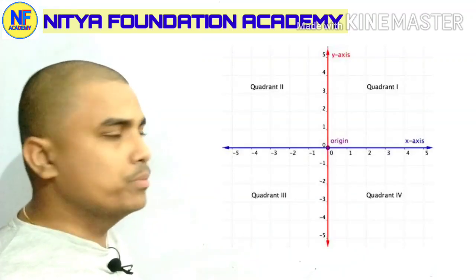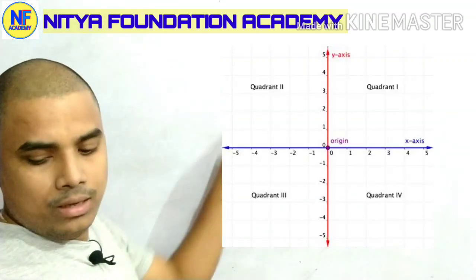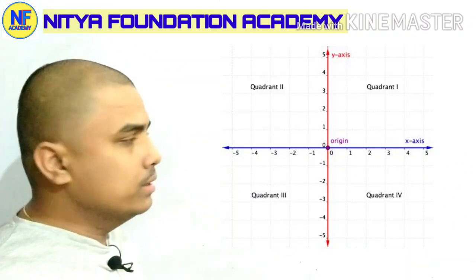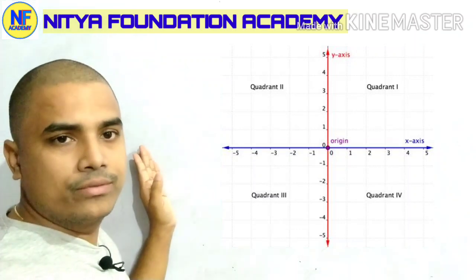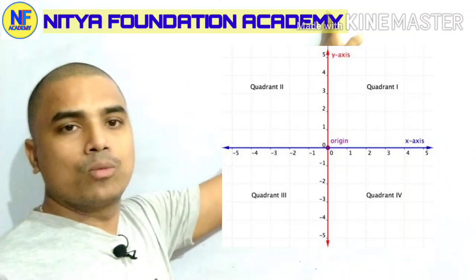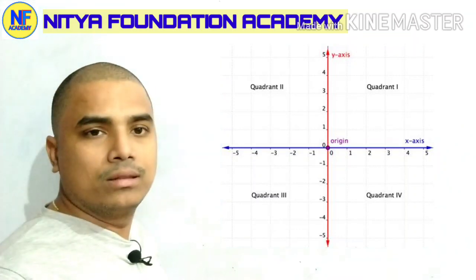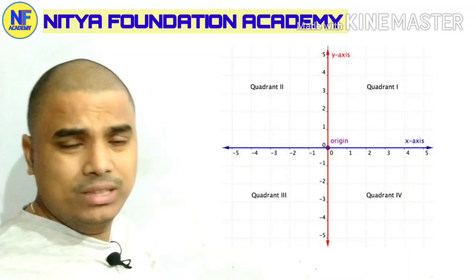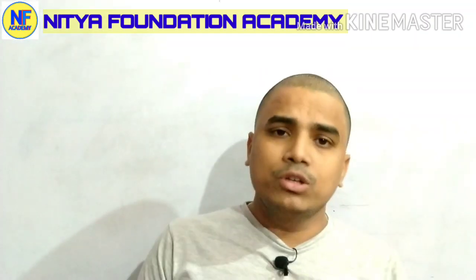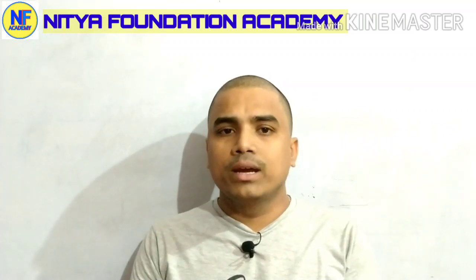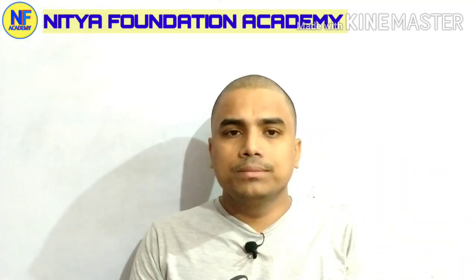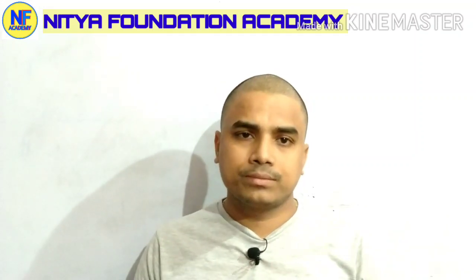According to this axis, the positive numbers are at the right side, the negative numbers at the left side, the positive numbers at the topmost side, and the negative numbers at the bottom side. In the same way, when we talk about the sign convention in the mirror, the object is placed at the left side of the mirror.